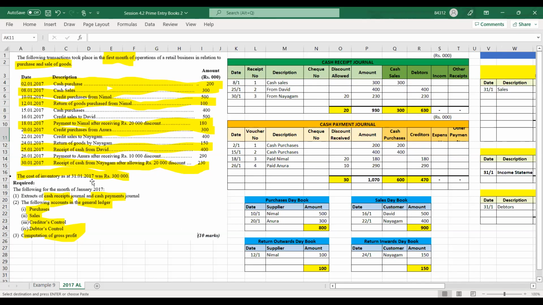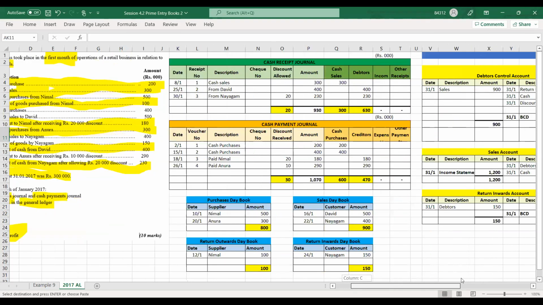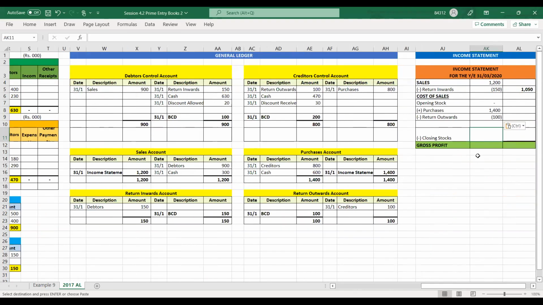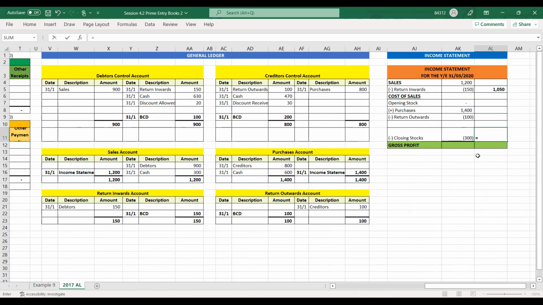The cost of inventory as at 31st January is 300,000. So we can write 300,000. So gross profit is 50,000.